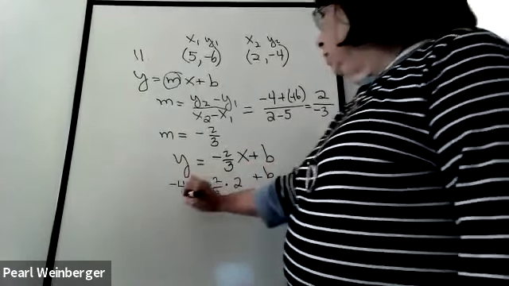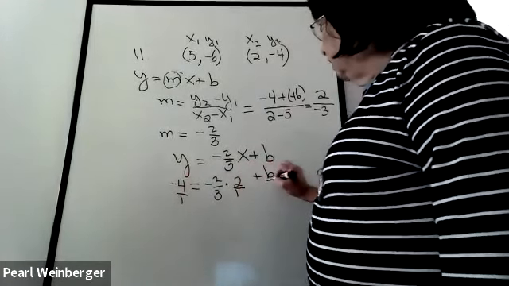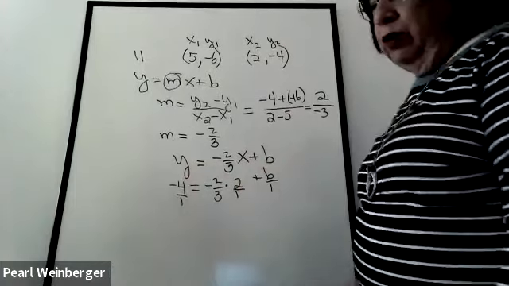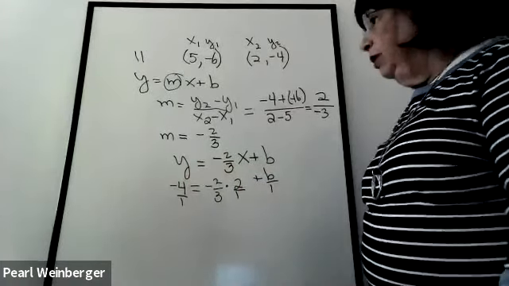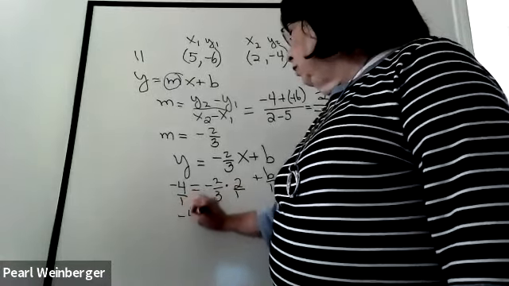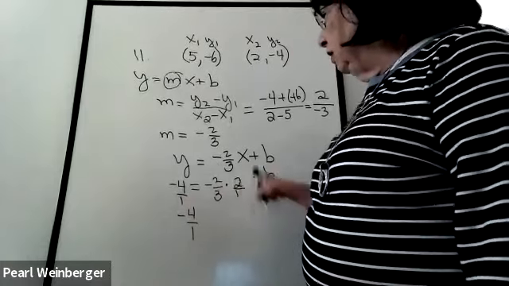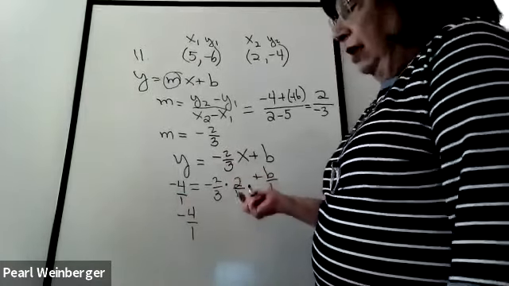Okay, now I'm going to put everything over ones, the whole numbers, because I've got fractions that I'm working with also. I have to be careful with the fractions. So this gives me -4 over 1. Remember, when I'm multiplying fractions, I first see if I could cancel anything, and I can't.